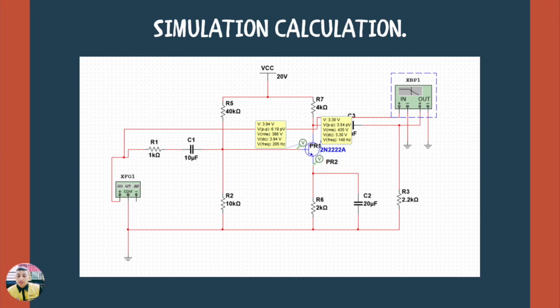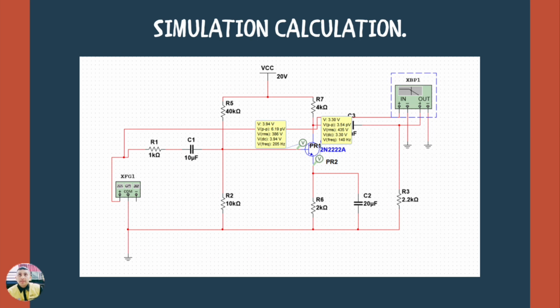kilo ohm. Capacitor 1 here is 10 microfarad. Resistor 2 here provides 10 kilo ohm. Resistor 5 is 40 kilo ohm. For VCC we have 20 volt here. Resistor 7 is 4 kilo ohm.